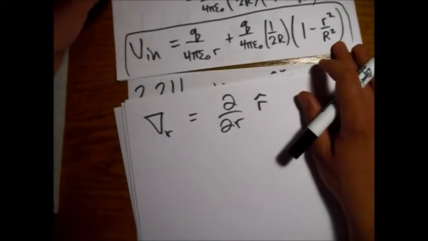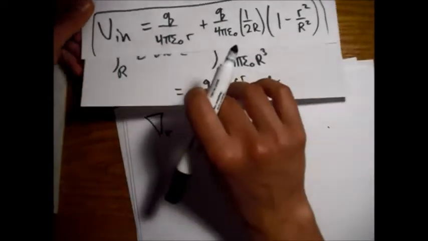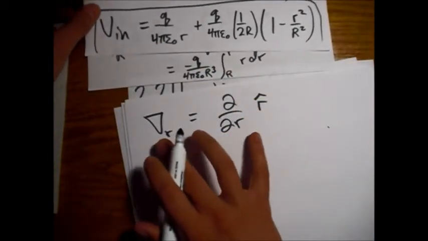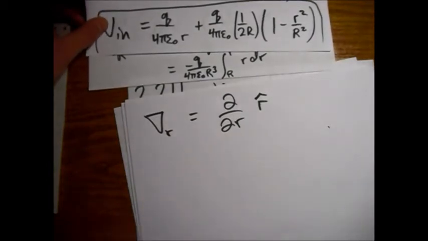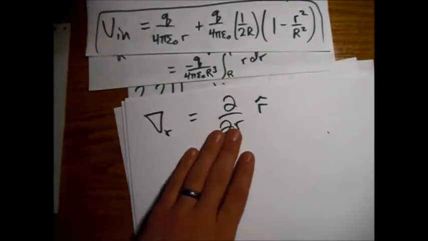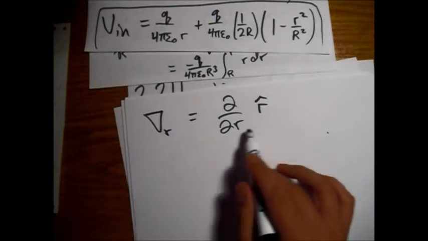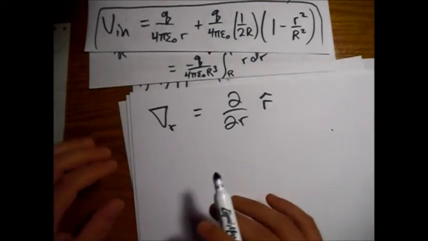Okay, so let's do it. And again, with this radial symmetry that we have, the theta and phi terms of the gradient, there's a derivative with respect to theta and a derivative with respect to phi, and since our potentials don't depend on either of those, those terms are going to be 0. So that's why we can focus only on the r component here.